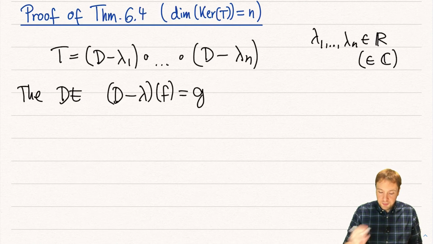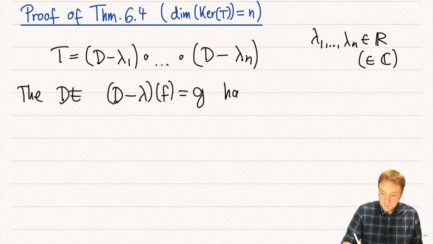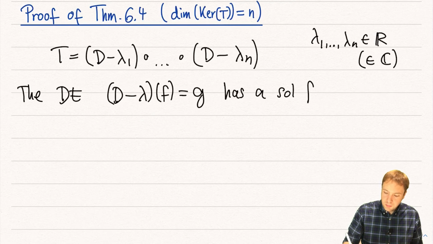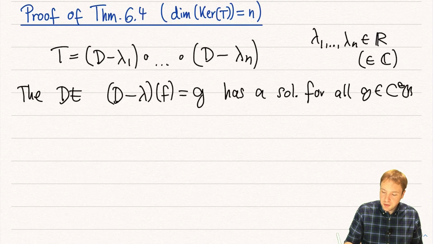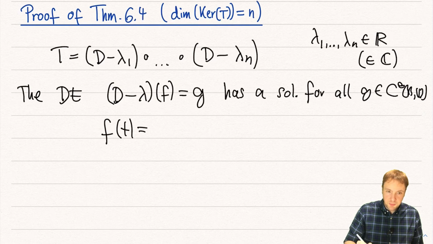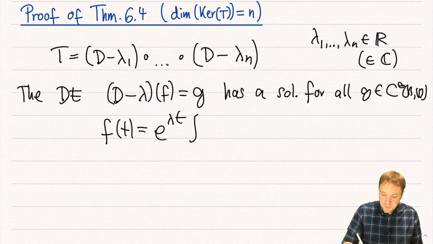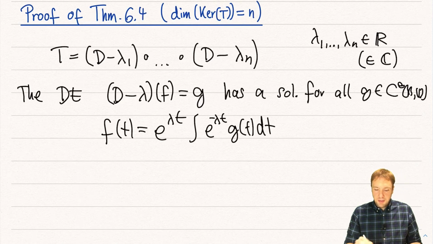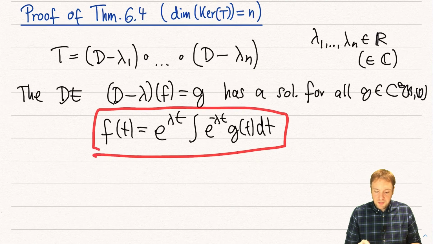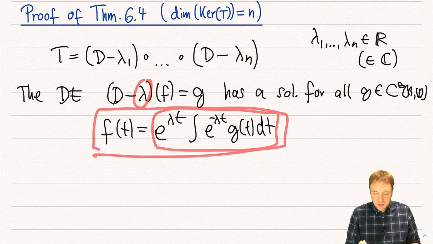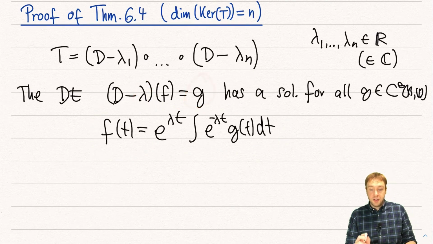We saw that this always has a solution, for all g in the space of smooth functions, given by, last time we saw that we can choose the element e to the lambda t, and then we take an antiderivative of this function here, where we have e to the minus lambda t g of t dt, because we checked that if we take the derivative of this function minus this function itself, we get back exactly the g.